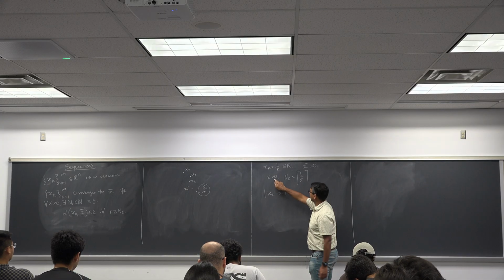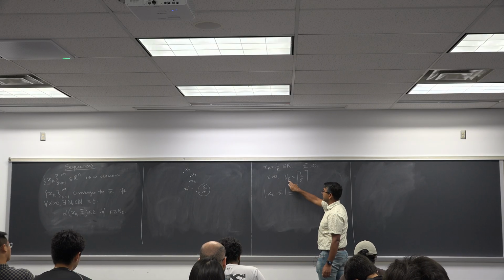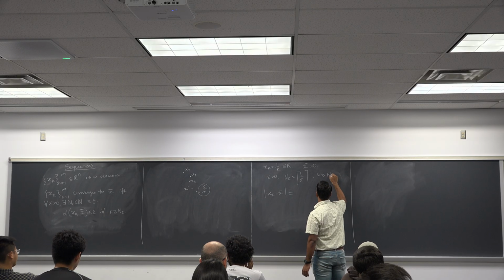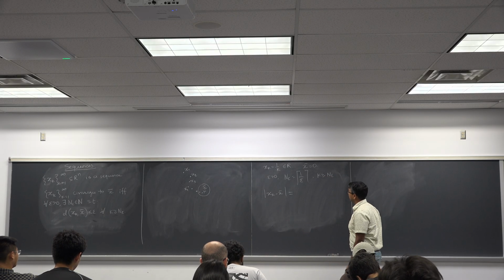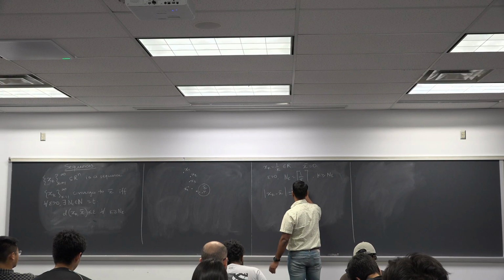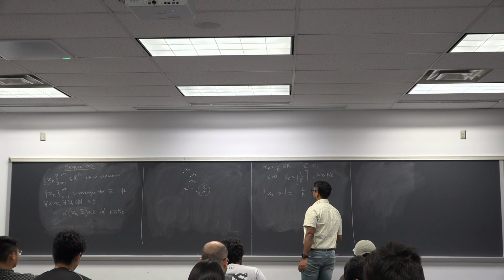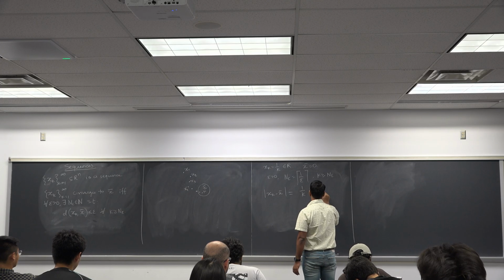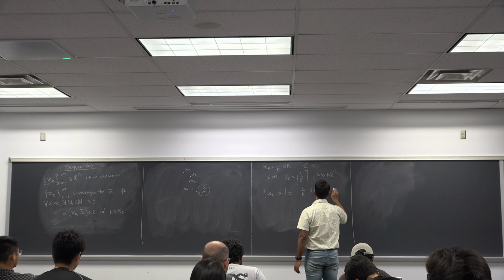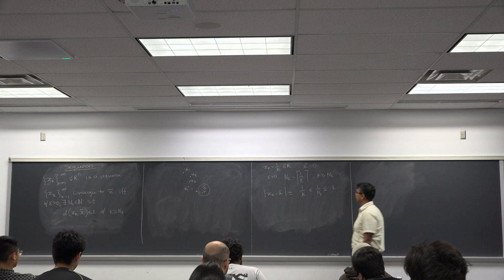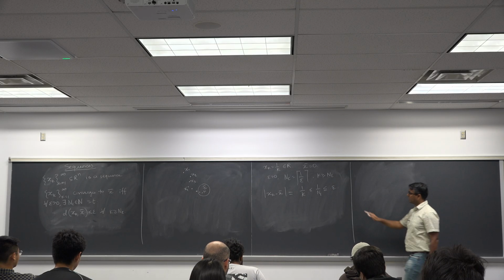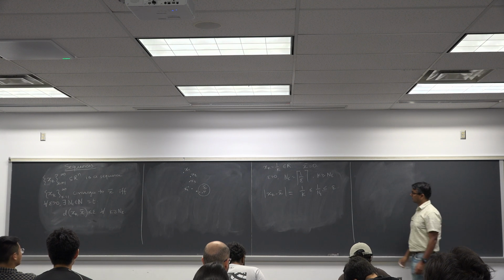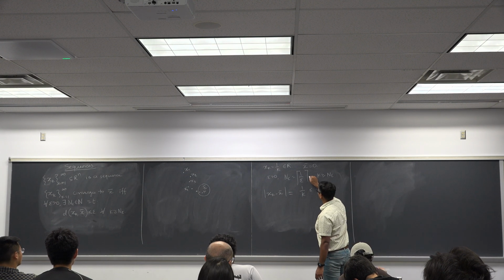So I picked epsilon greater than 0. I have come up with a definition for n epsilon. And let me pick k greater than or equal to n epsilon. So what is xk minus x bar? It is 1 over k, which is less than or equal to 1 over n epsilon, which is less than or equal to epsilon. Actually, it's strictly less than epsilon. Maybe I'll have to add 1 here.